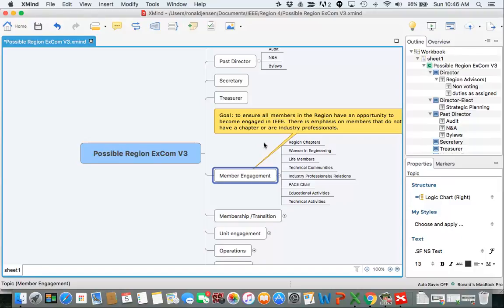Industry professionals and relations, we don't have a specific person in place that meets the needs, that reaches out to industry. And there are two pieces of this. One is to form a relationship with the corporations, and the second is to meet the needs of people who work in industry. In particular, we're interested in those people who work for corporations and so forth.